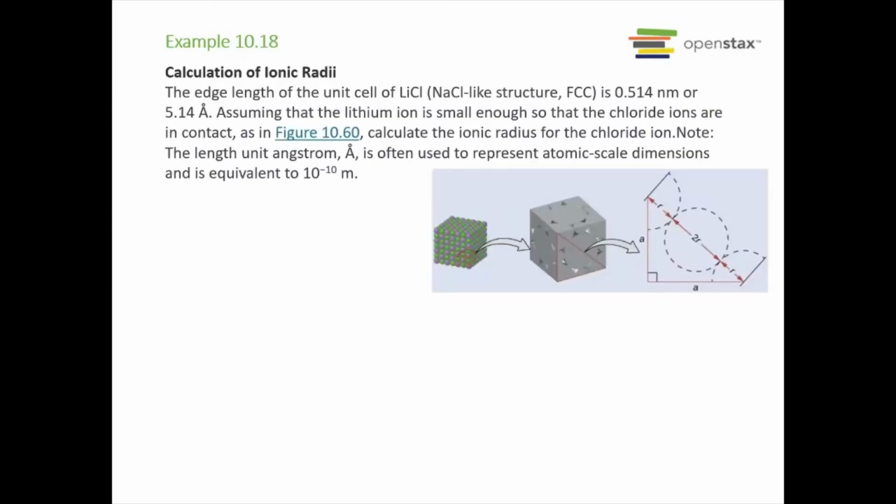So let's look at an example. We're told the edge length of the unit cell of lithium chloride, similar to sodium chloride and face-centered cubic, is 0.514 nanometers. Assuming the lithium ion is small enough so the chloride ions are in contact, calculate the ionic radius for the chloride ion. Note the length unit of angstrom is 10 to the negative 10th meters.